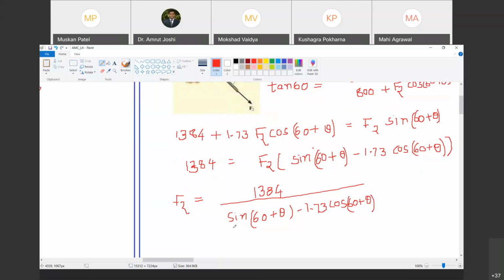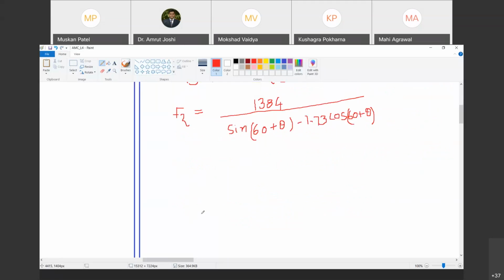Yes, sir. So tell me the conditions for maxima and minima. If I want to minimize or maximize F2, what do I have to do? If y is a function of x, when is y maximum? When dy by dx is 0.